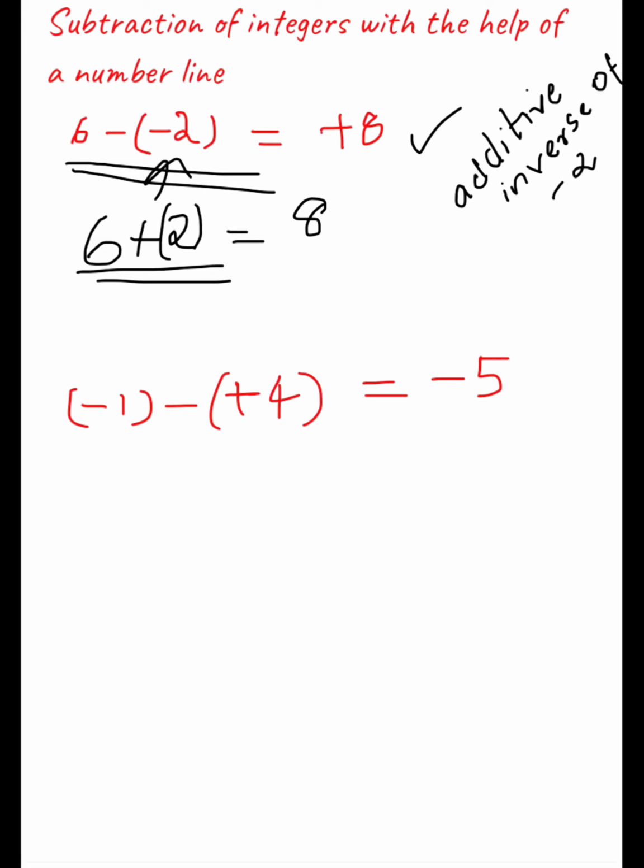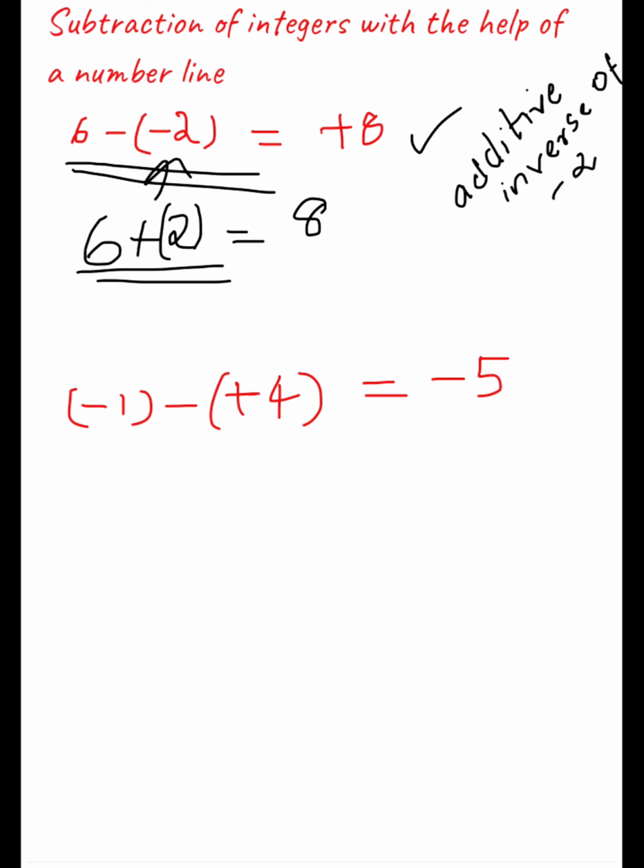So you need to take the additive inverse of minus 2, and add that additive inverse to 6. Then you will get the answer as 8. So if you are asked to find any subtraction of integers, you need to just add the additive inverse of the integer being subtracted to the first integer.